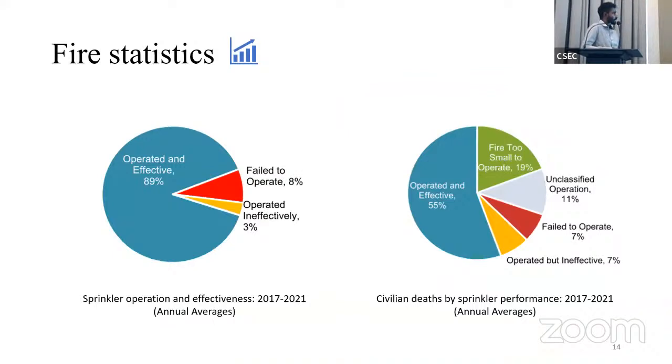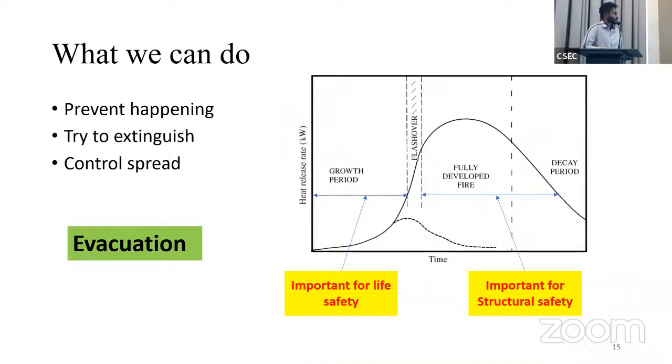Considering all these fire protection methods, you can see here again fire statistics based on sprinkler operation and effectiveness. You can see the sprinklers fail to operate 8% of the time. So there will be a chance of failed operations, and that can lead to severe hazardous situations. So what can we do? First, we have to try to prevent fire before it ignites. Then if you find a fire within the growth period, you can try to extinguish it.